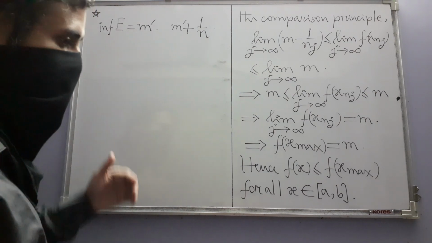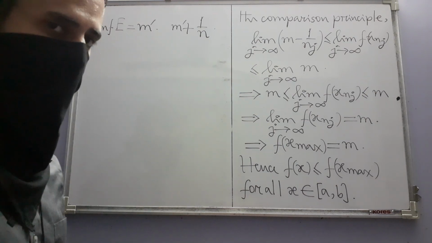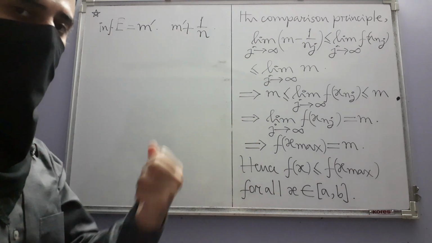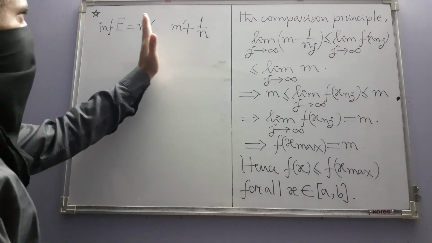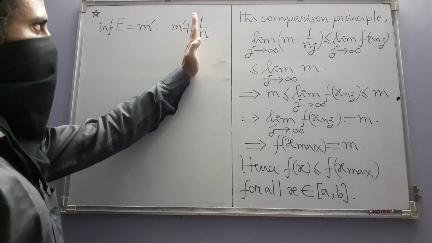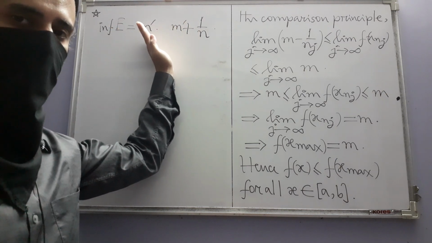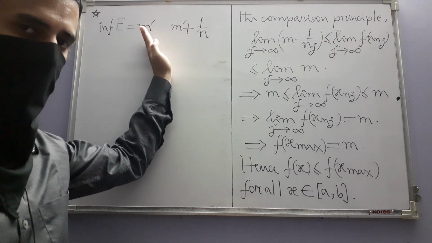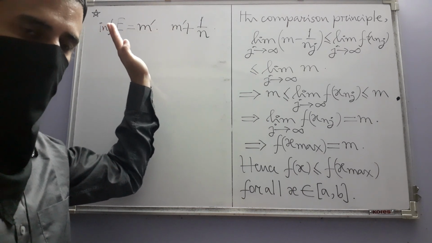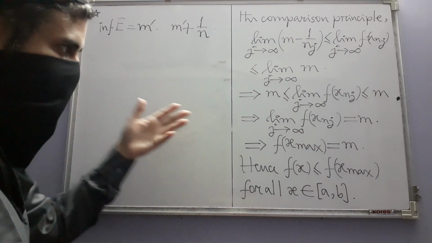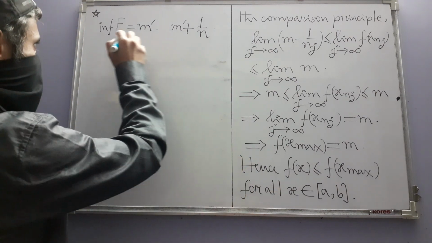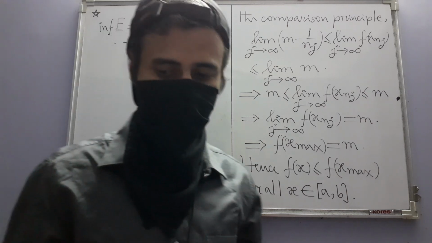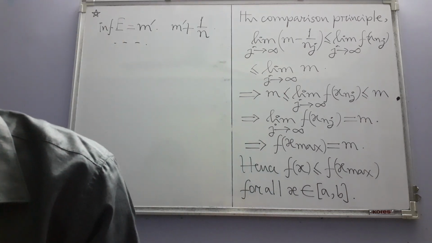Since m prime is the greatest lower bound, and this is even greater than that, it can no longer be a lower bound. So at least one element of E will be less than this, but that element is greater than or equal to m prime. So that way you are again going to get a sequence and you will get a similar proof. Okay, so that part we are not seeing explicitly.